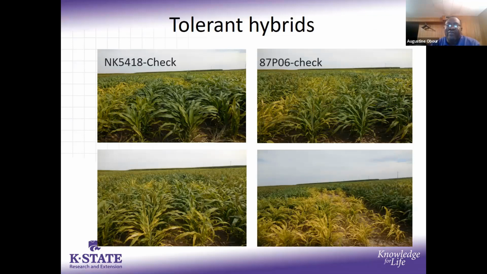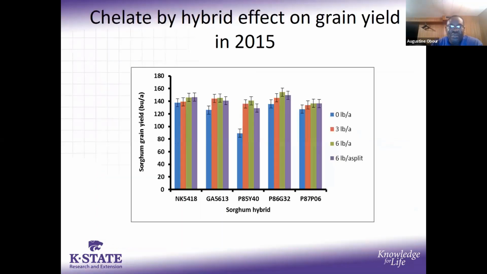So we have 87P06, which is also showing some tolerance to iron deficiency chlorosis. Pioneer 86G32 also showing some tolerance. However, Pioneer 85Y40 showing significant chlorosis. So there are differences in hybrids. So some of the management that you can do is selecting hybrids that are tolerant to iron deficiency.